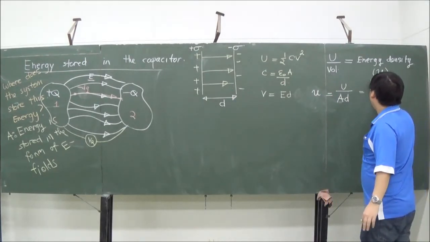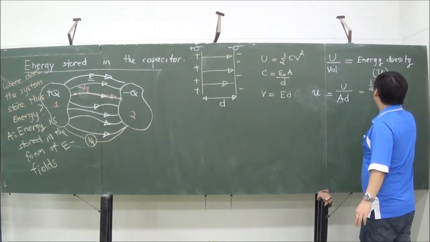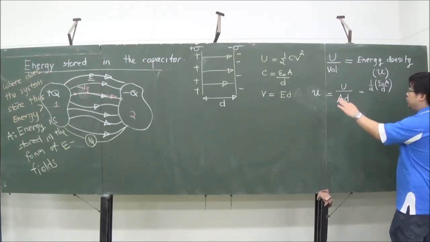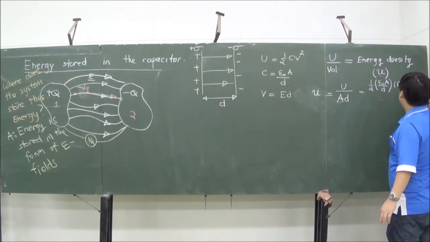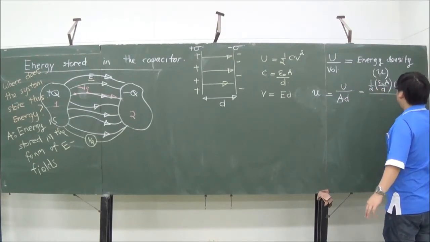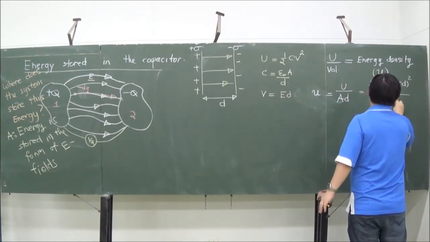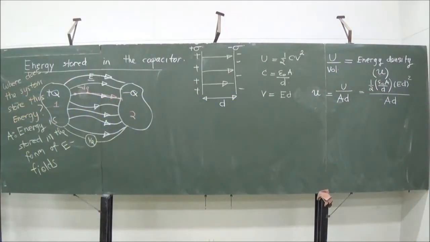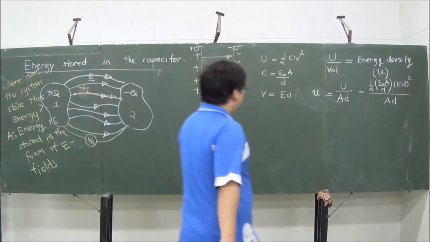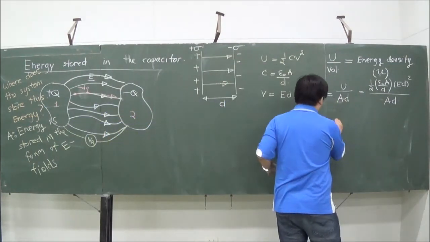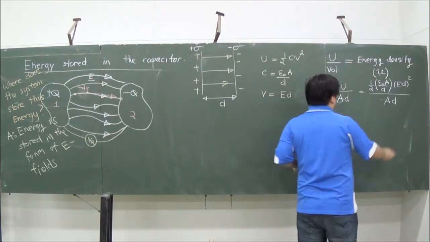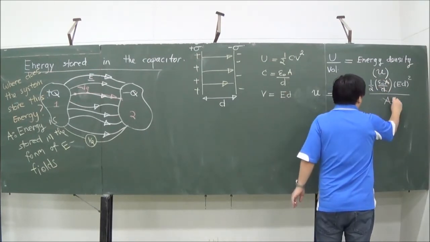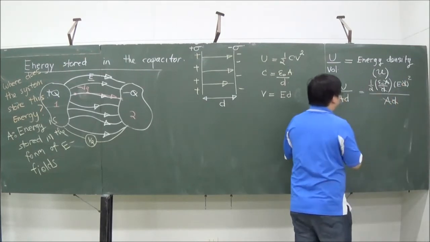So I've got a half C, which is epsilon naught A over D, times V squared, which is E times D squared, divided by A times D. So this is the term we want to calculate. You see that this A cancels with this A. This D squared cancels with this D squared.